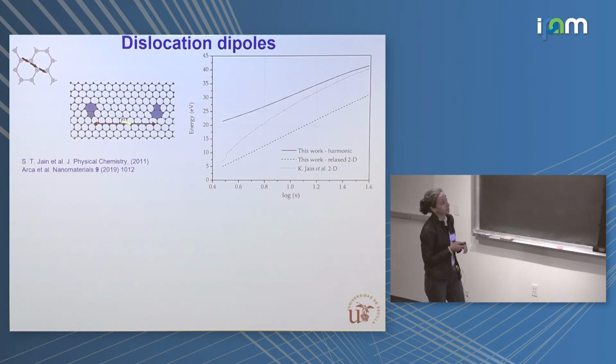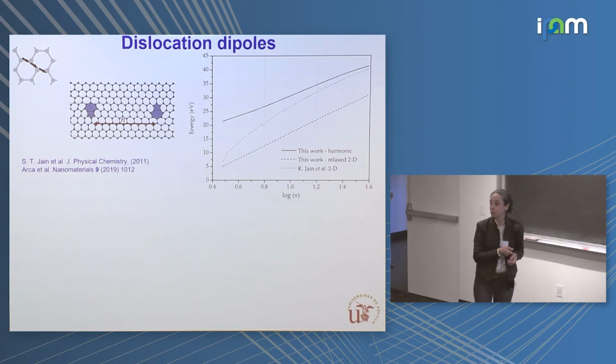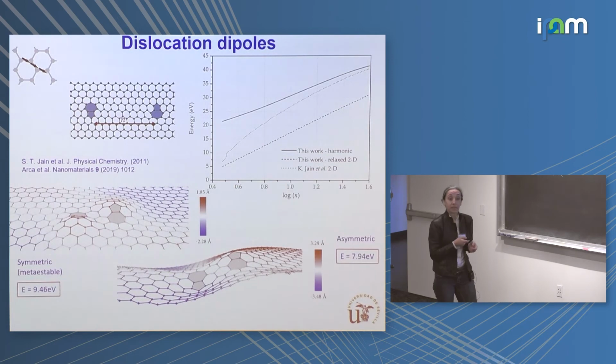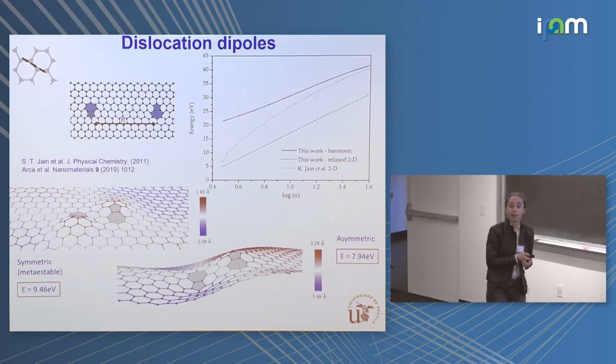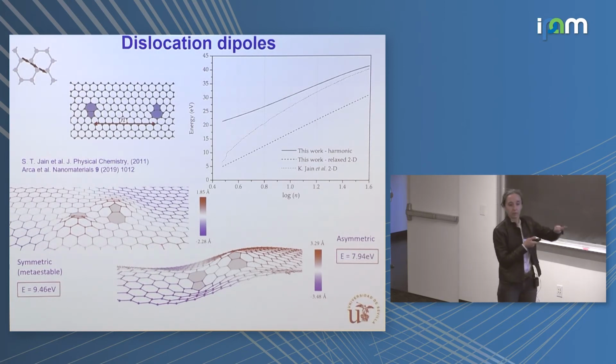What we expect is to have this logarithmic evolution of the value of the energy, before and after relaxation, and this is the comparison with other results. Again, you have to be careful with the out-of-plane displacements, because you can end up with one of these metastable situations in which both cores have a symmetric out-of-plane displacement, let's say both up or both down.